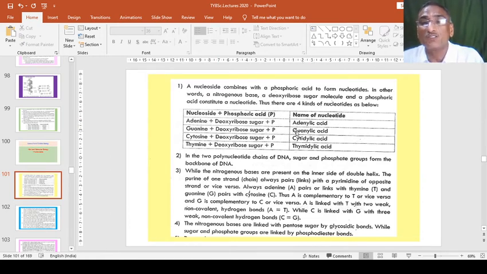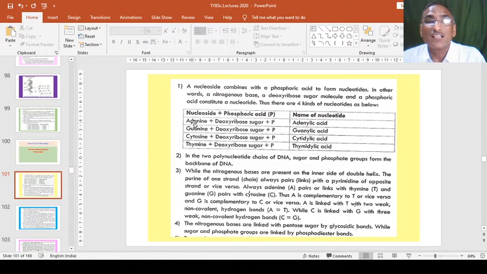Now these are nucleotides. If we add a sugar and phosphate, it will form a nucleotide. Adenine plus deoxyribose sugar plus phosphate is adenylic acid. This is a nucleotide. Guanine plus deoxyribose sugar plus phosphate is guanylic acid. Cytosine plus deoxyribose sugar plus phosphate is cytidylic acid, and thymine plus deoxyribose sugar plus phosphate is thymidylic acid.